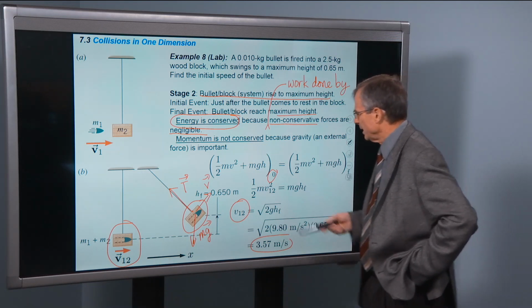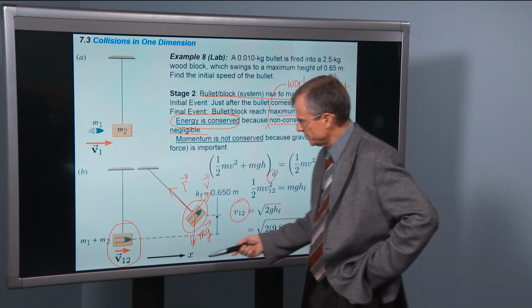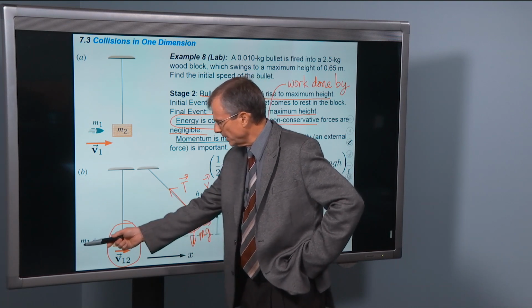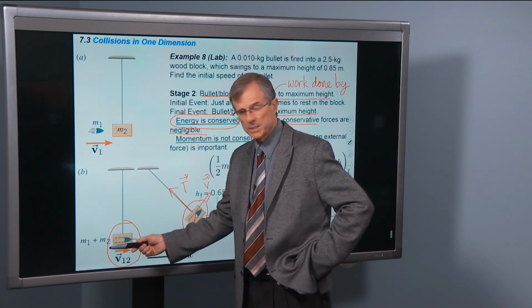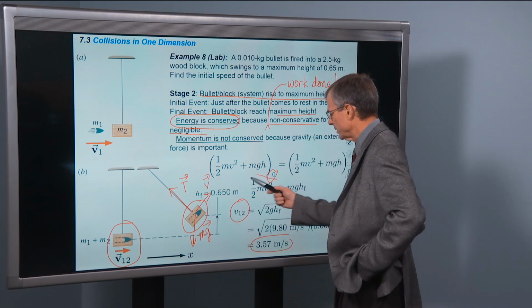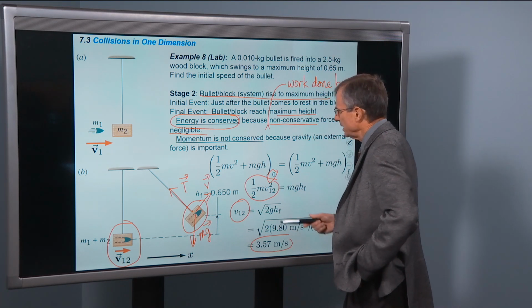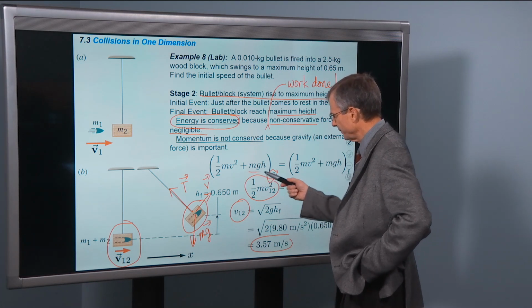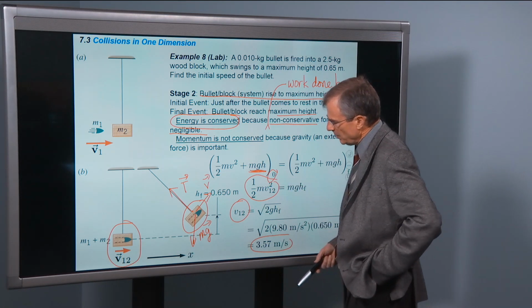The initial kinetic energy is just the kinetic energy of this guy whose mass is m1 plus m2 times its velocity, 1/2 m v12 squared. So there's the initial kinetic energy. The initial potential energy, well, what's that?